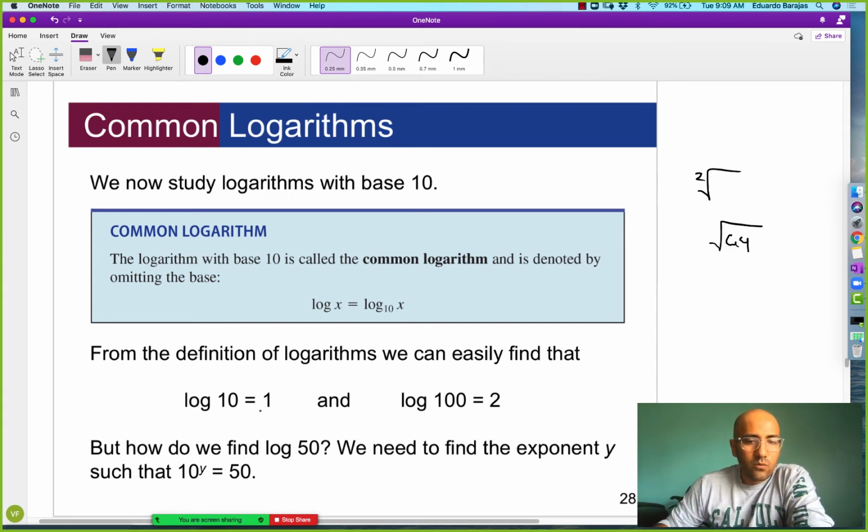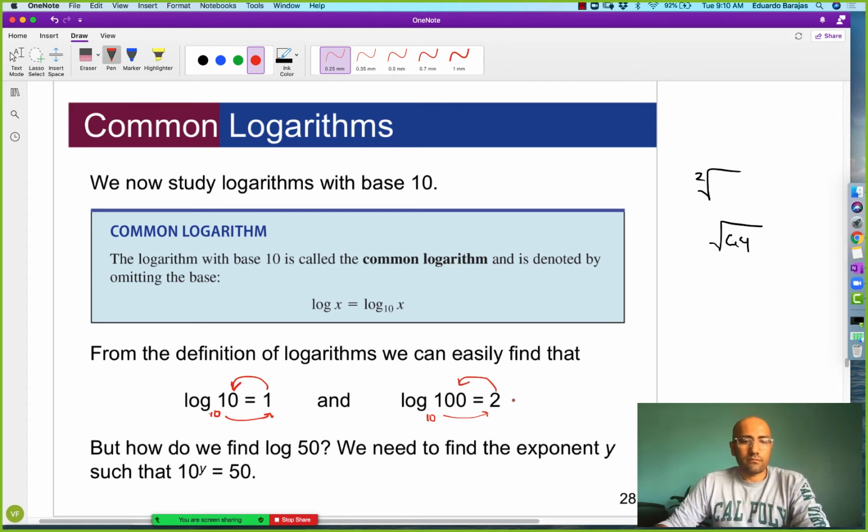The reason this is a 1 is that with a little base 10 by default in there, this is telling you that this raised to this power must be equal to whatever's in there. So 10 to the first power is 10. And for log of 100, 10 raised to the second power is 100.